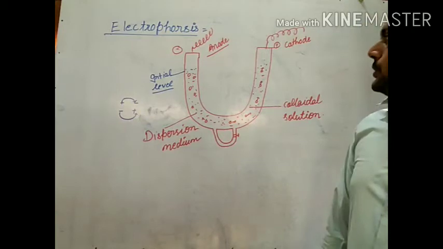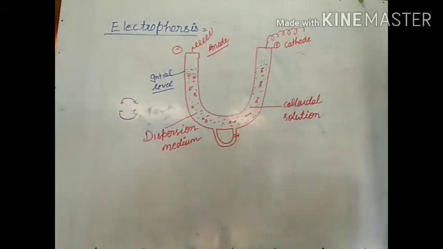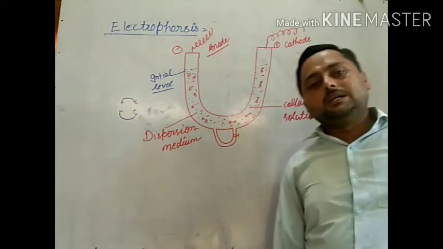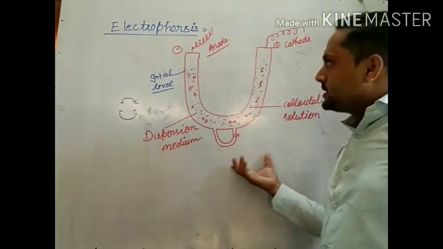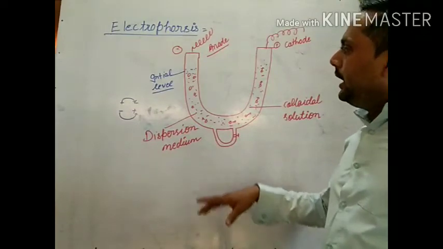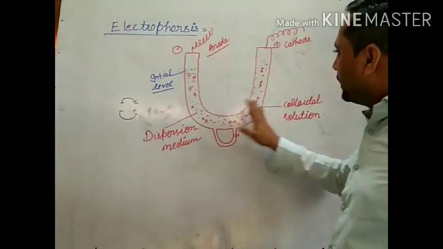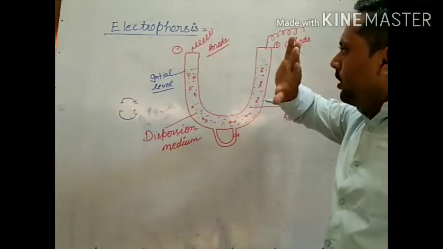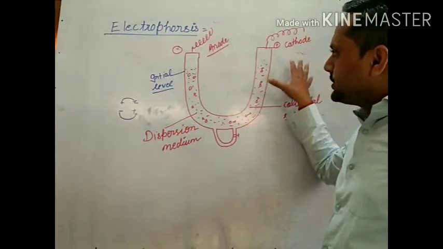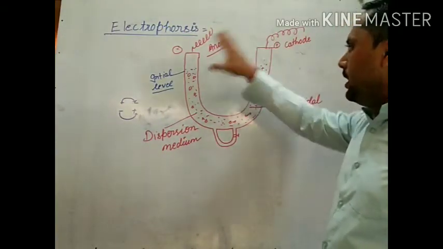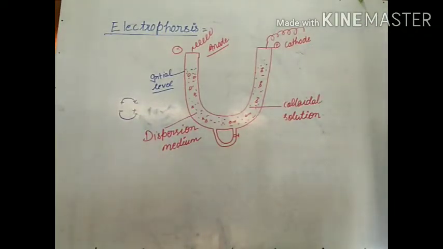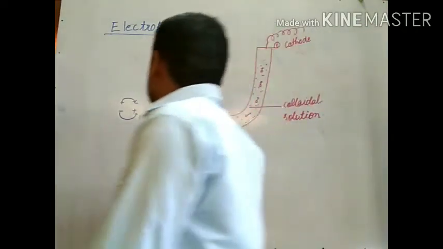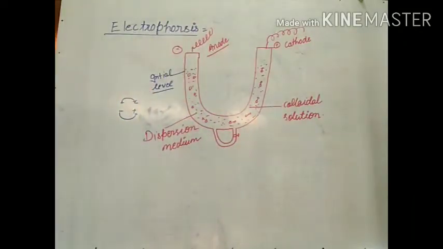It depends on what type of colloid is taken. So when the electric connection is given, the particles move towards the electrode, and this is called electrophoresis.